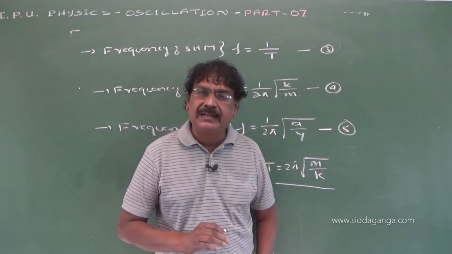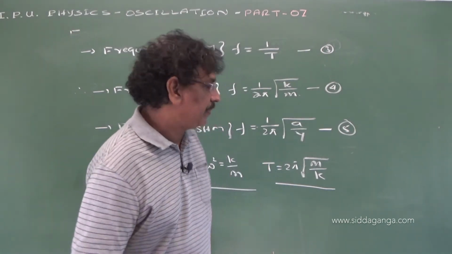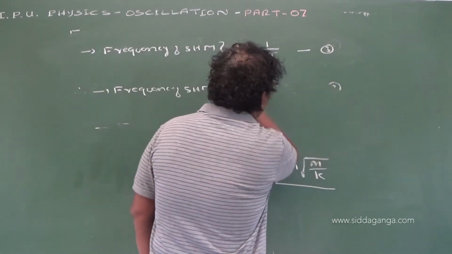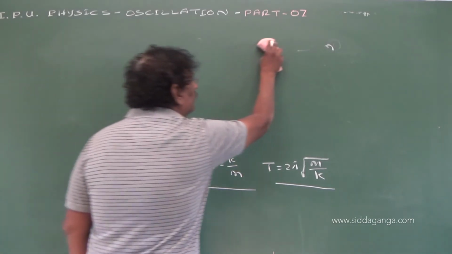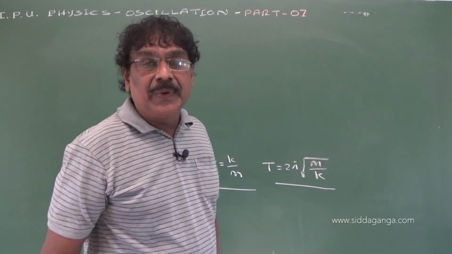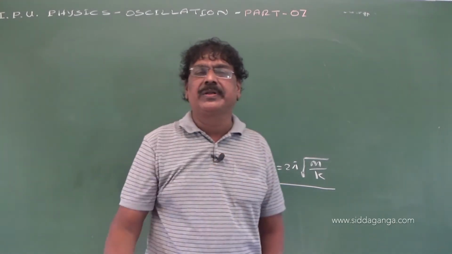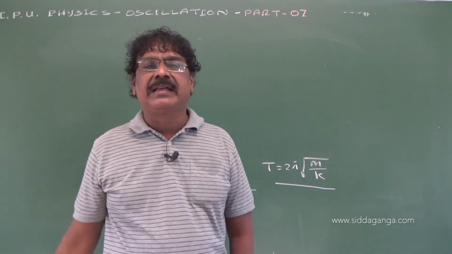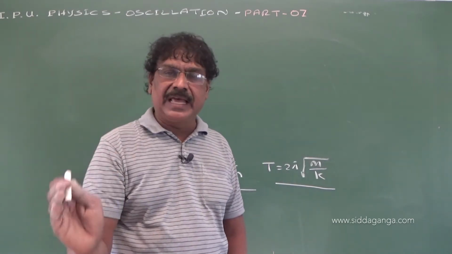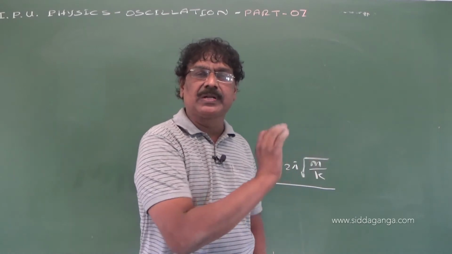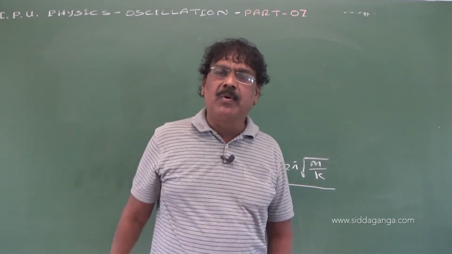How do you identify that a body is executing simple harmonic motion? We have some characteristics of simple harmonic motion. Number 1, it is a periodic motion. Number 2, the magnitude of acceleration is directly proportional to the displacement from the mean position. Number 3, the direction of acceleration is always towards the mean position, and of course the motion is to and fro about its mean position.